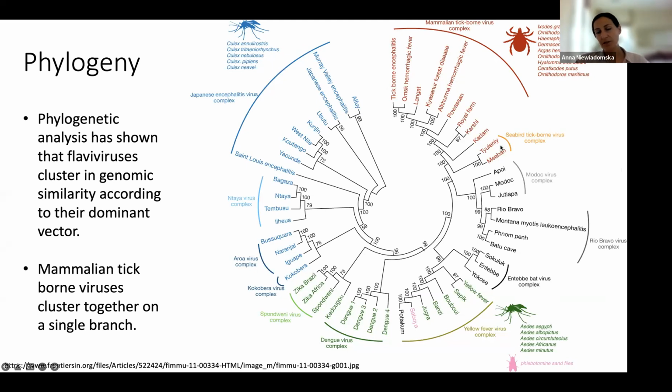And these two down here are transmitted by seabird tick-borne viruses. So these are restricted to birds and typically cause disease in birds, whereas these infect mammals and occasionally they jump from animals to humans. And down here we have our mosquito transmitted viruses, which many of you are probably more familiar with, such as dengue virus and yellow fever virus and Zika.